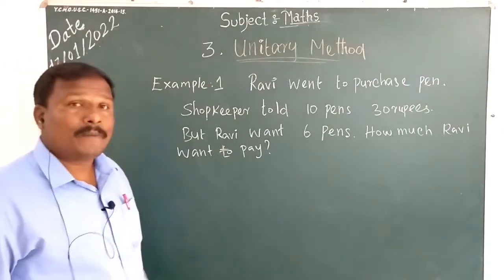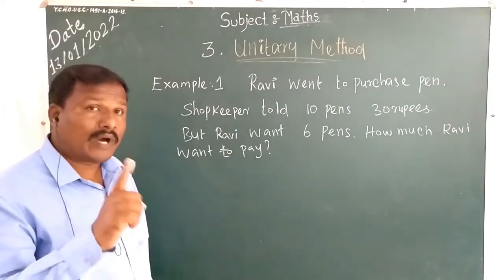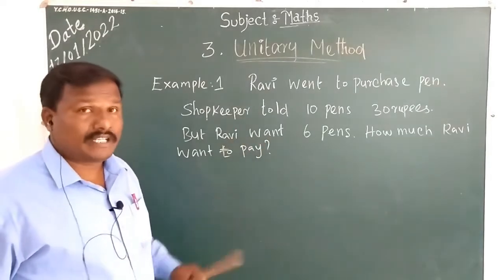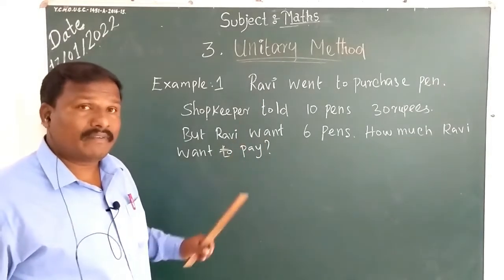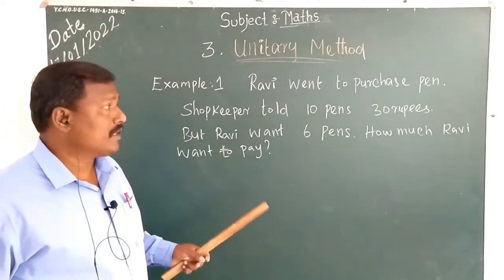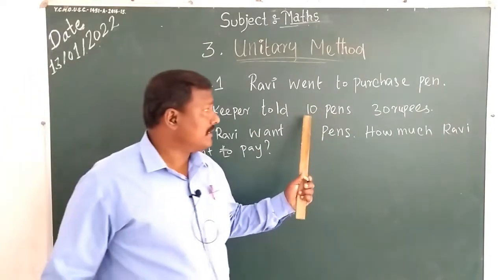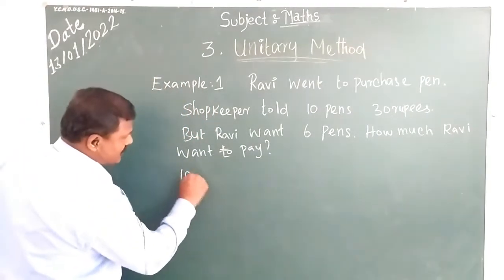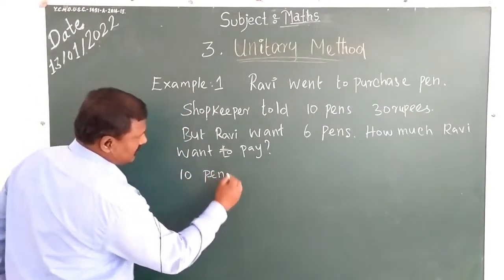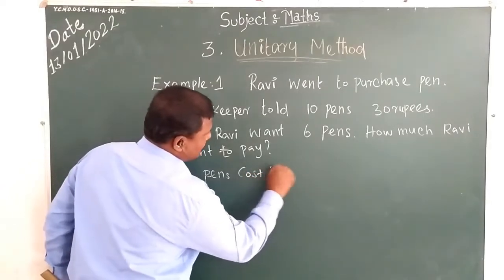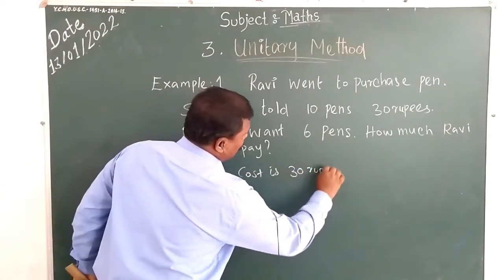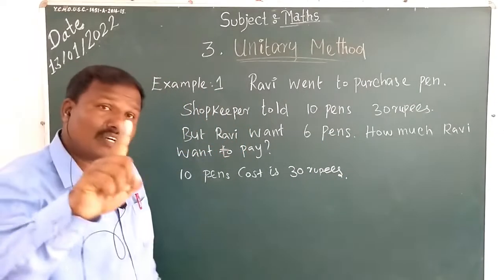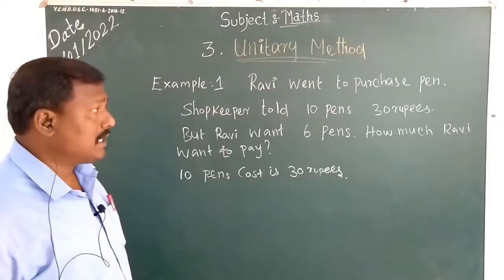First of all, I told you, if you want to find the value of one thing, the value of 1, we have to do division, as I told you in the previous example. Now, 10 pens cost 30 rupees. Using the division method, we have to calculate the value of one thing, a pen.